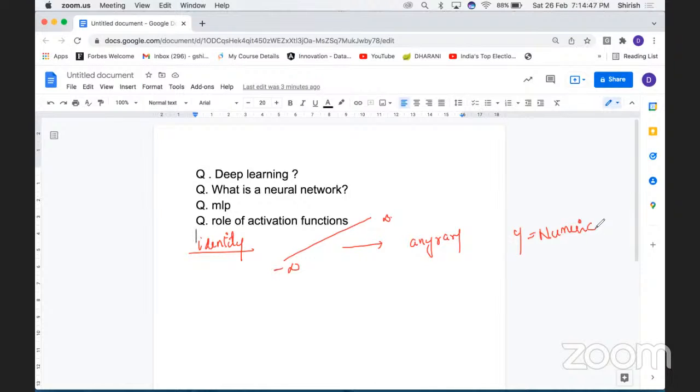It's just a linear line, f(x) = x, whatever you get. But it does not help for complex patterns. It cannot work well for that. So this is the linear activation function.